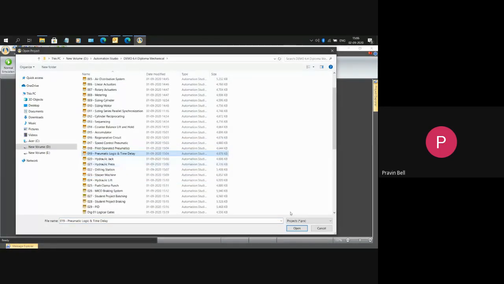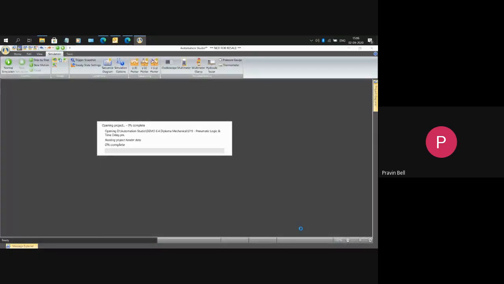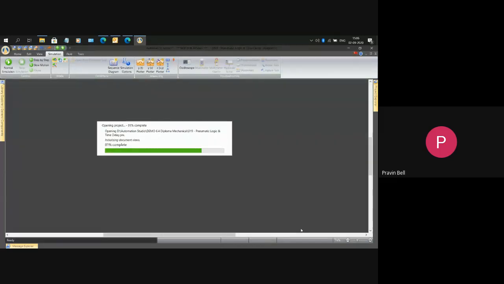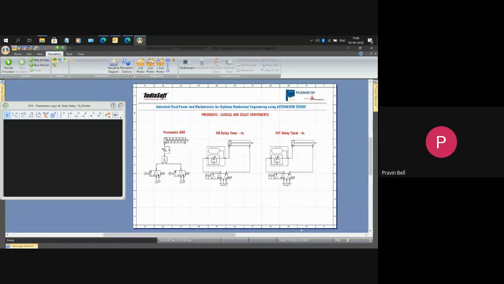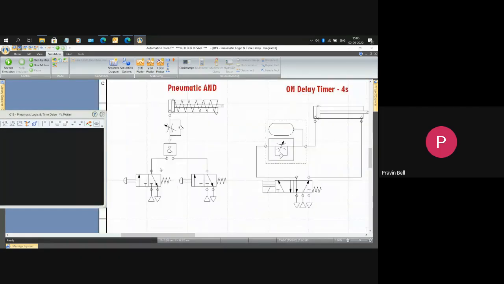Then another practical I saw in one of the syllabuses was pneumatic components with logical components. So in pneumatics, there are components which behave like AND gates, OR gates, and even in real life, in the industry, there are these logical components available in the market for pneumatics. And Automation Studio has that library.